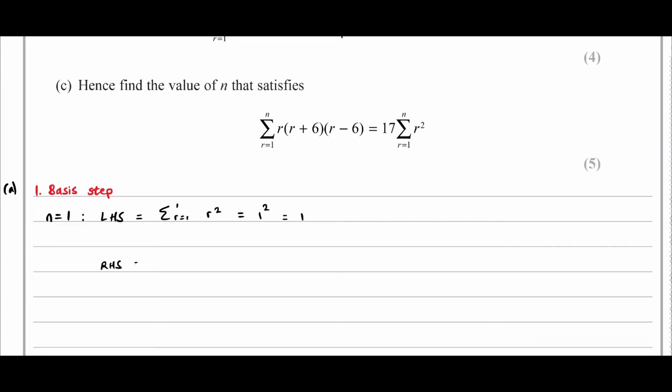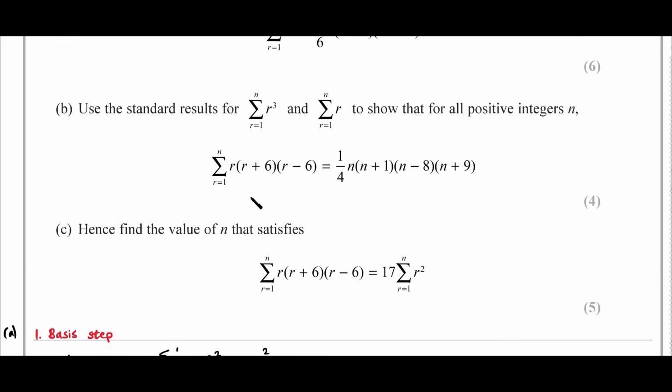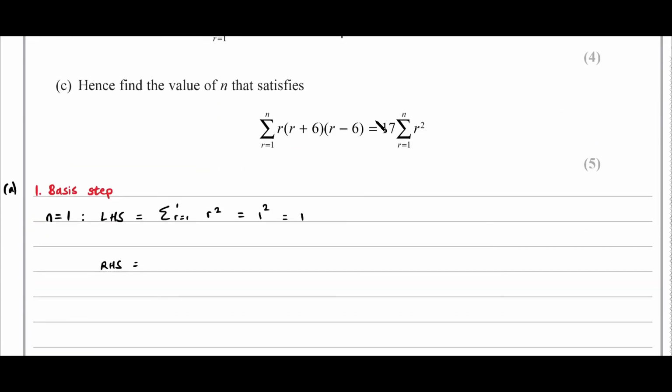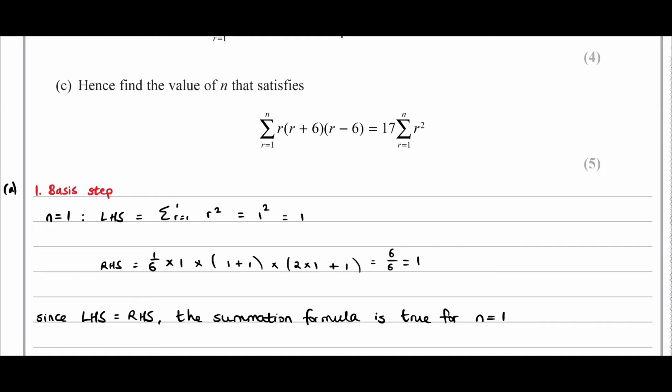And our right hand side, if we substitute in 1 into this right hand side, we have 1/6 lots of 1, lots of 1 plus 1, lots of 2 times by 1 plus 1. So we have 6 over 6, which is 1. And what we see over here is that since the left hand side is equal to the right hand side, the summation formula is true for n equals 1. So let's just write that down.